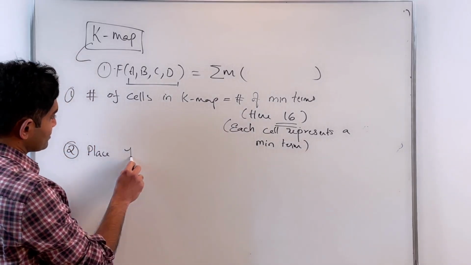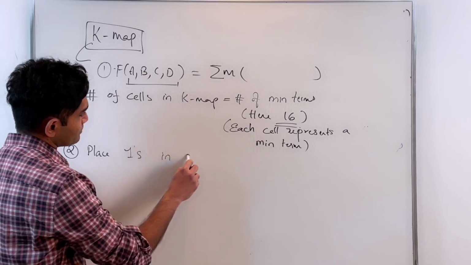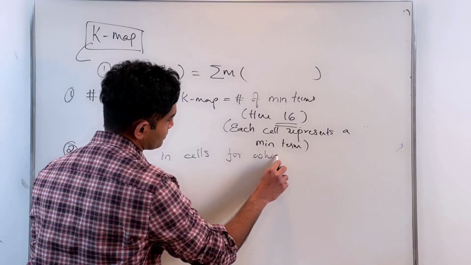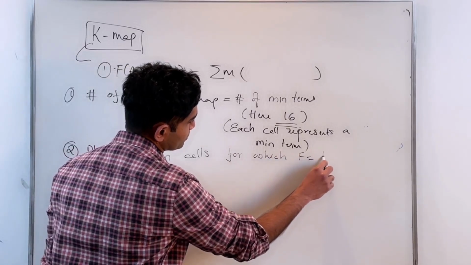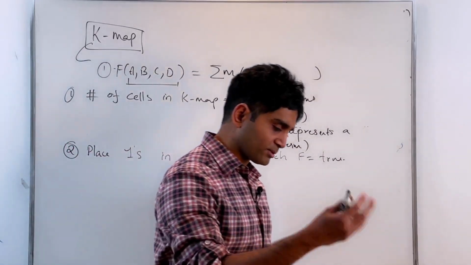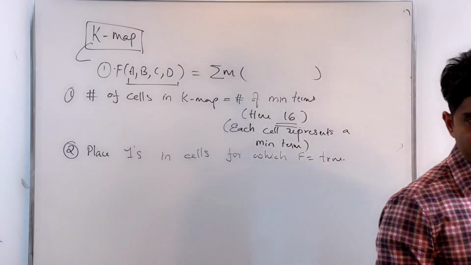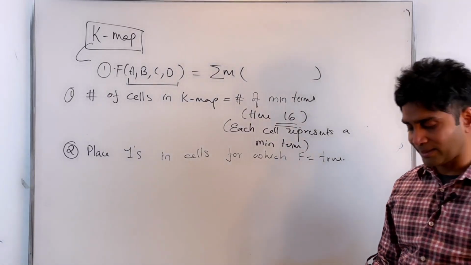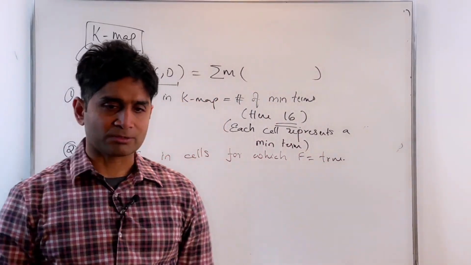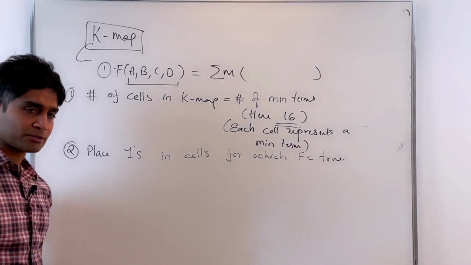Place ones in the cells for which the function is true, because each cell contains a minterm. Your K-map itself is a compact representation of the truth table, so it follows that I place ones in those minterm positions for which my function is true.